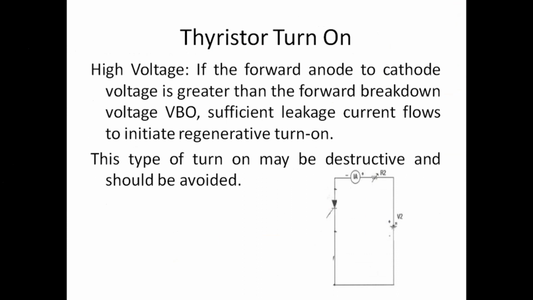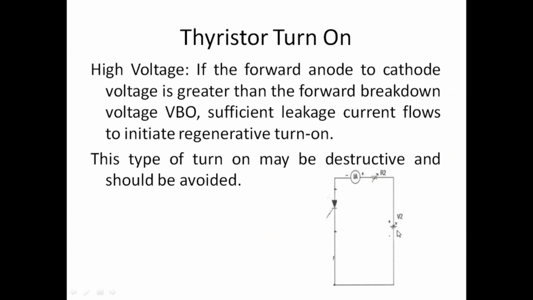Why? Because if this applied voltage is very high, for example more than 800 volts for some series of SCRs, the SCR will turn on. We learned that in this case, junction J1 is forward biased, J3 is forward biased, but J2 is reverse biased.